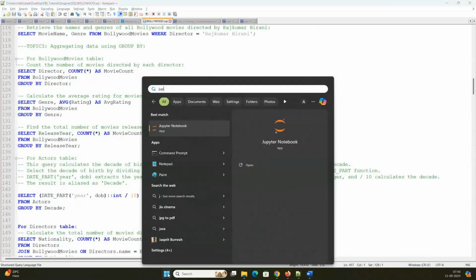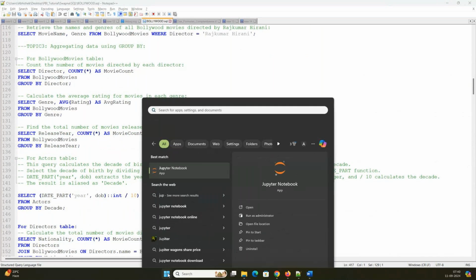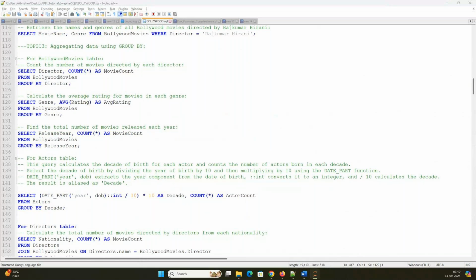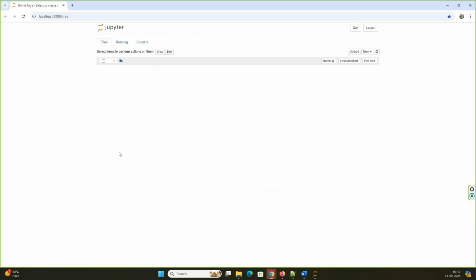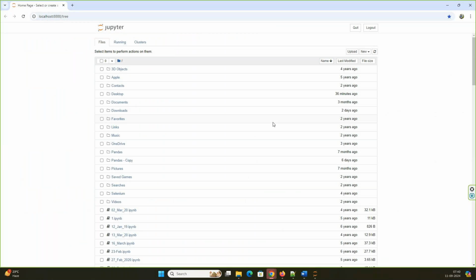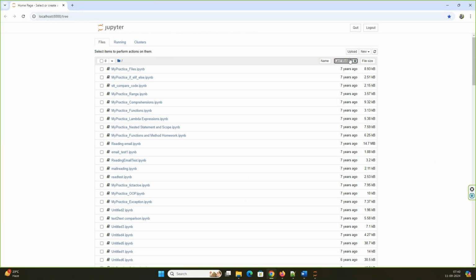And other than that, as I told you, for Python we will be using Jupyter Notebook as an IDE, an interactive development environment, and we will be learning Python. I am opening my Jupyter Notebook, one minute.